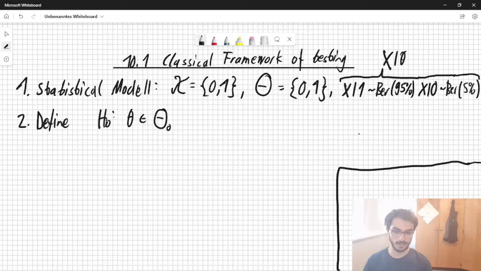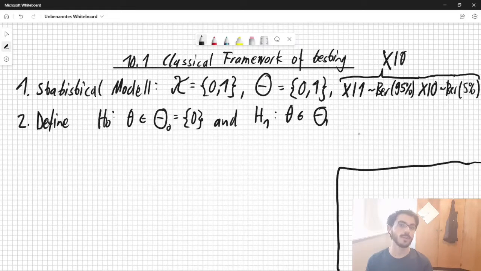In our case, that's just the set that contains 0. And okay, if we define H0, we also know H1, but we should also define it. We have H1, which is the statement that theta is in theta 1, in our case that we are actually sick. So this is the set containing 1.